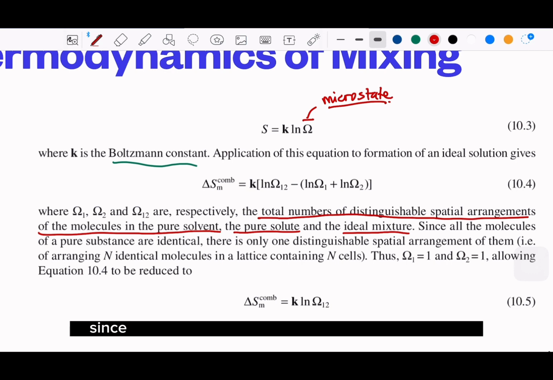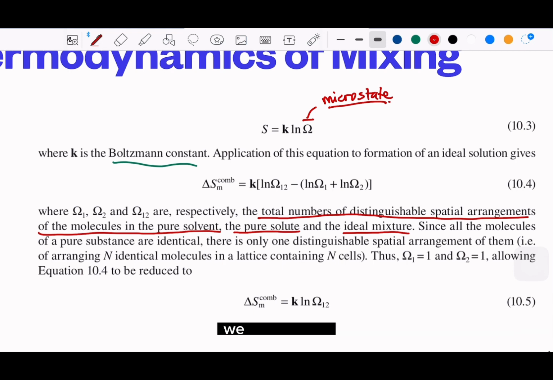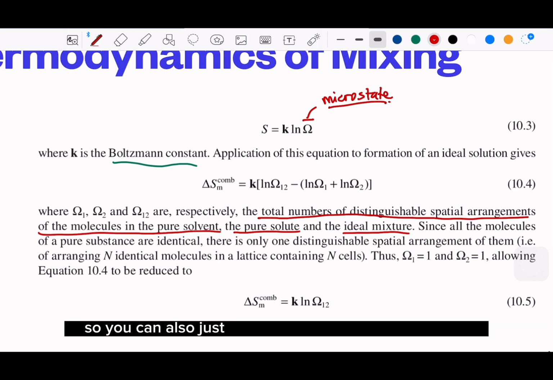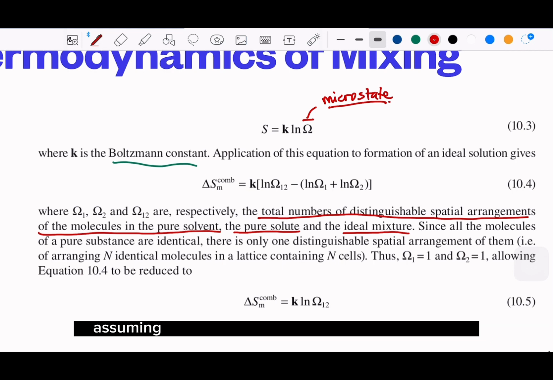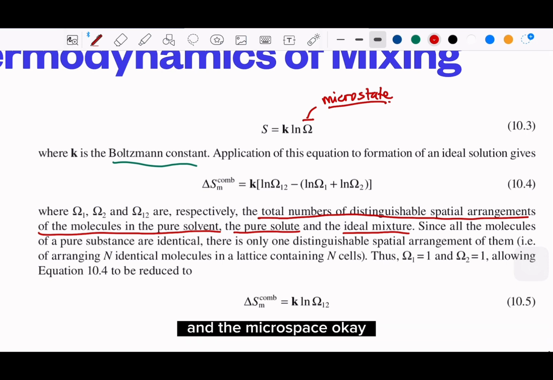Okay, and then since we conclude that the number is 1 for both pure solvent and pure solute, we assume it's 1 because they are 100% the material. So we could also just take this account here as this 1, which is 0. So we could take the combination, assuming that this will be just related to Boltzmann and the microstate.